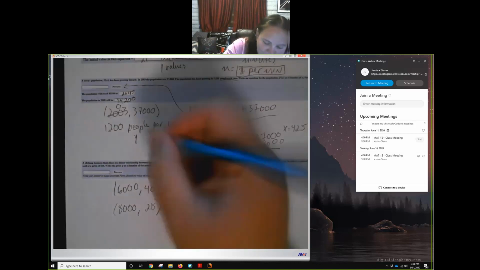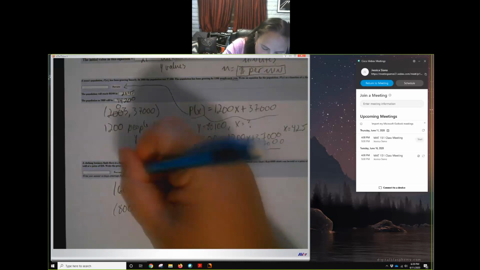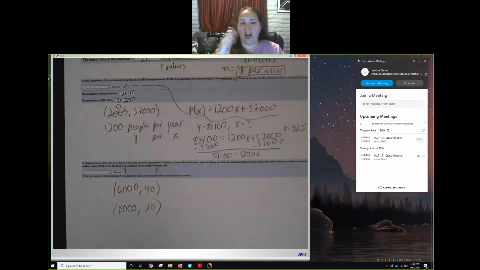So the price P is my y, and the number of shirts sold, it's a function of x. Y is a function of x.